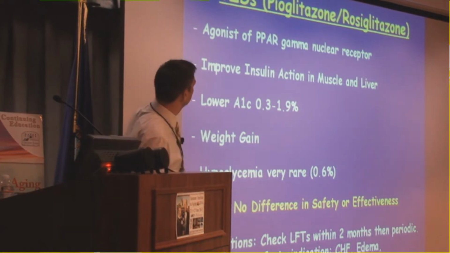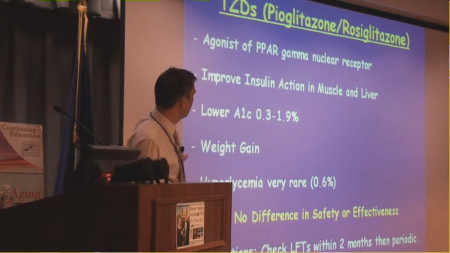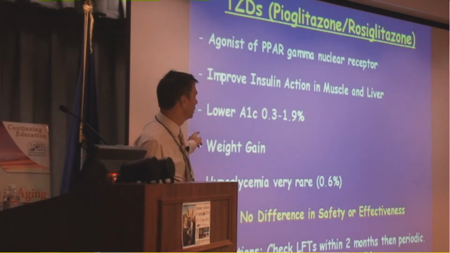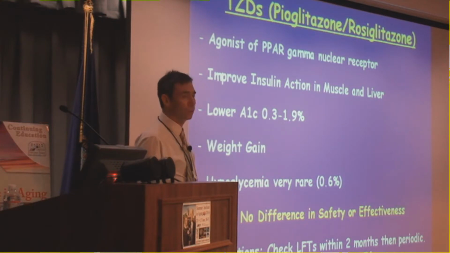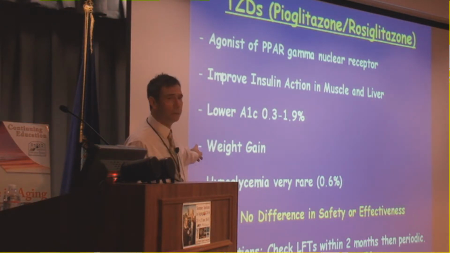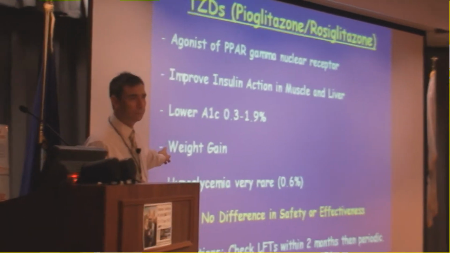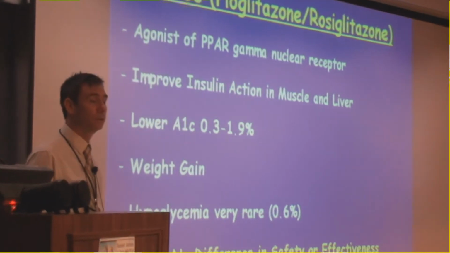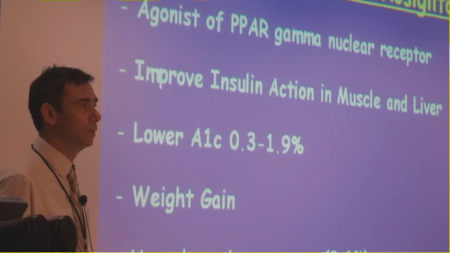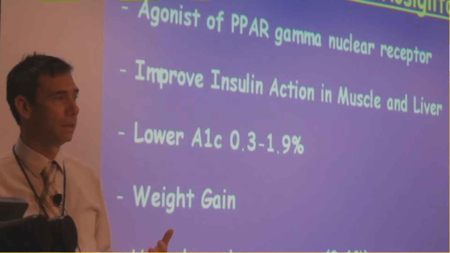TZDs such as pioglitazone also are effective. One problem with them is they can cause weight gain, although one advantage is that when used alone, they almost never cause hypoglycemia. Now, weight gain may be a problem if the person is obese, but may be beneficial if a person is losing weight. But how many of you know older people that have diabetes and are not overweight? I know a lot.